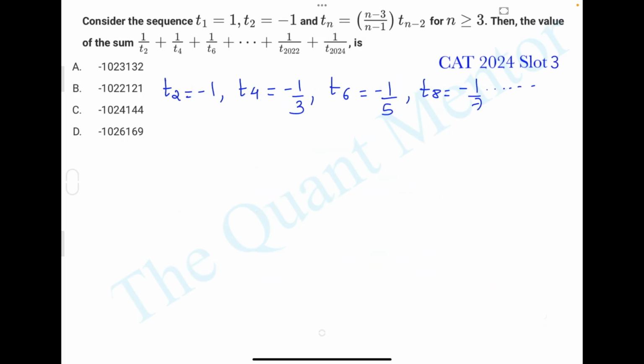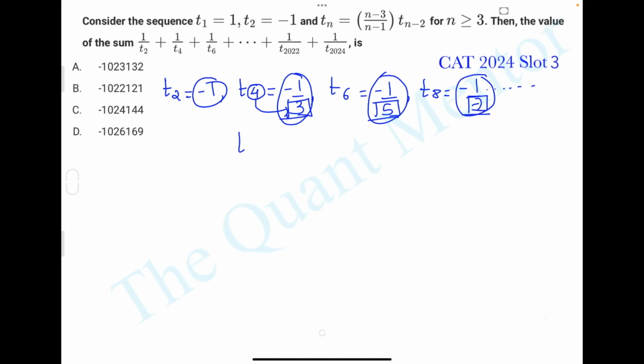And now we can see a pattern in here. t2 is minus 1, t4 is minus 1/3, t6 is minus 1/5, t8 is minus 1/7. You notice that the number in the denominators everywhere is simply 1 less than the value of the term. t4 has 4 − 1, 3 in the denominator. t6 has 6 − 1, 5. t8 has 8 − 1, 7.